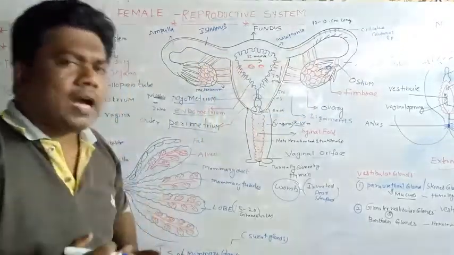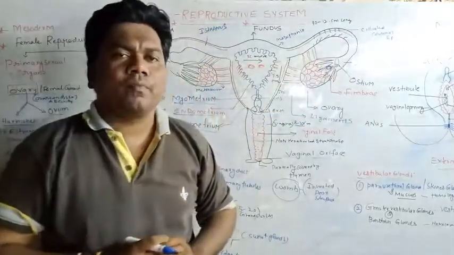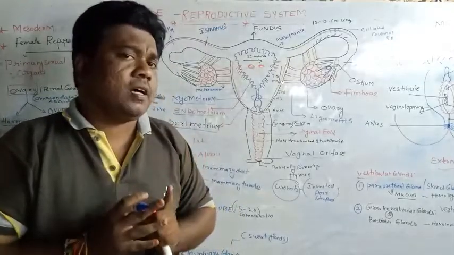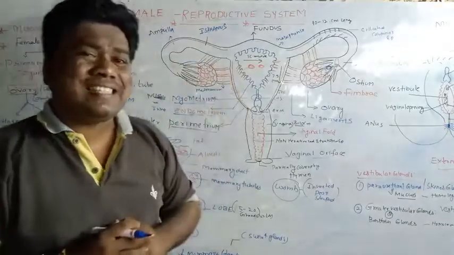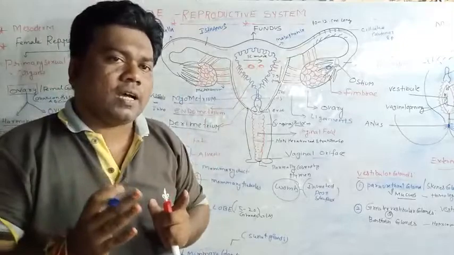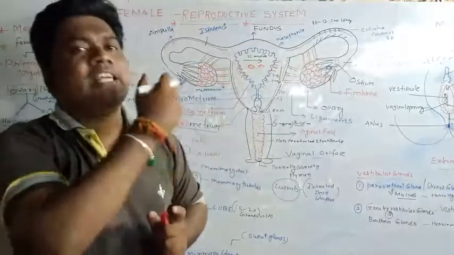This is where fertilization occurs. In which region does normal fertilization occur, beta? The ampullary-isthmic junction, or ampulla. That is the site for the meeting of the male and female gametes.